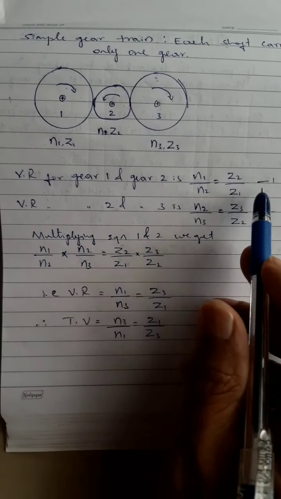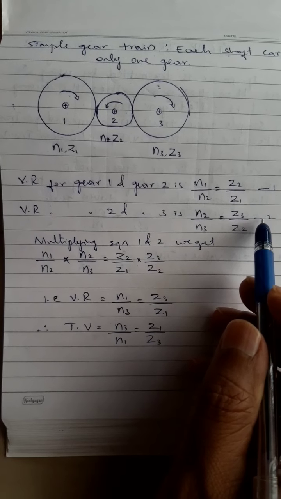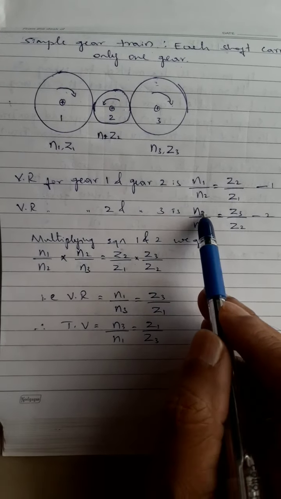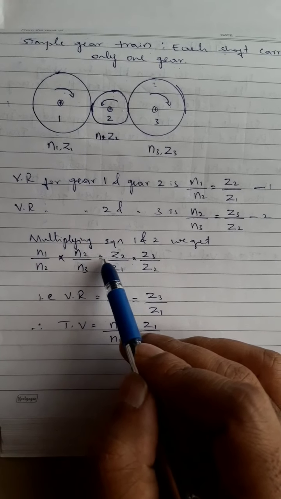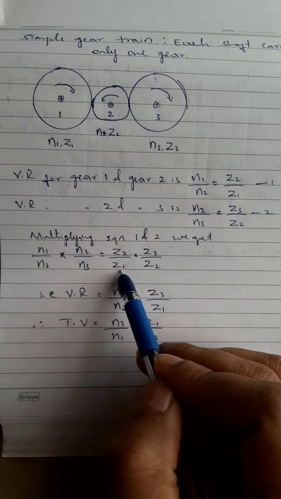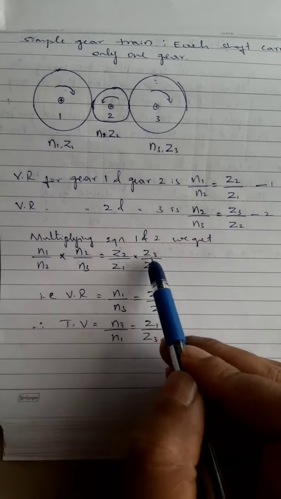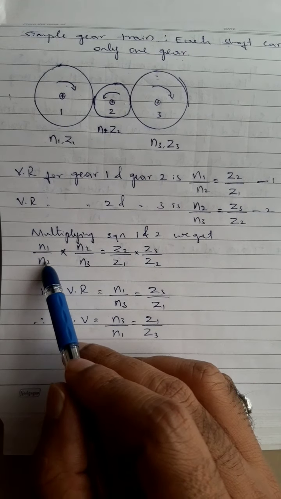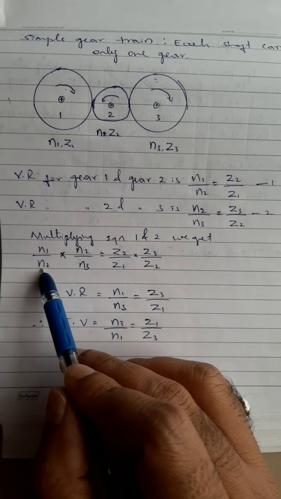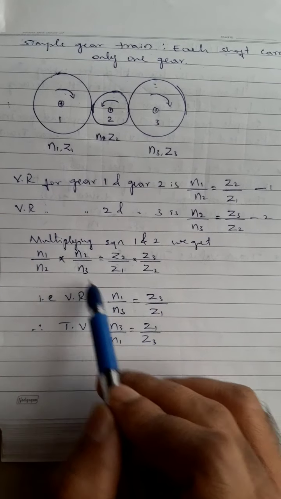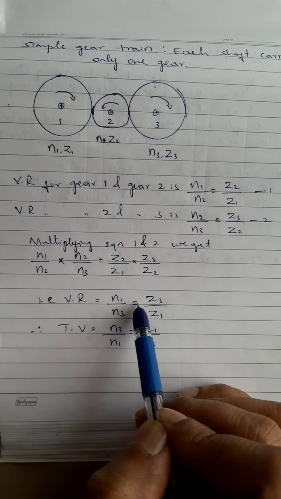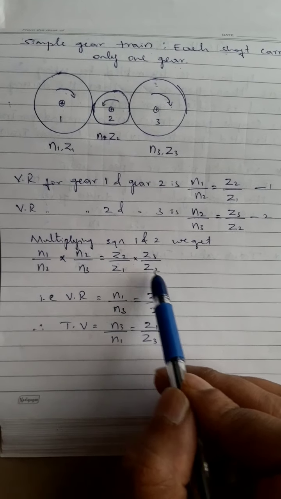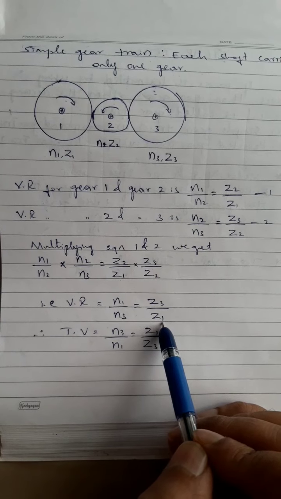Multiplying equations 1 and 2, we get n1 by n2 into n2 by n3 is equal to z2 by z1 into z3 by z2. Here n2 will get cancelled, so we are left with n1 by n3 is equal to, and here z2 will get cancelled, we are left with z3 by z1.